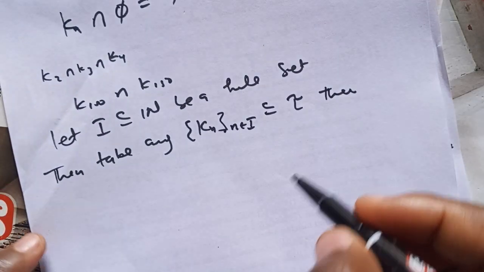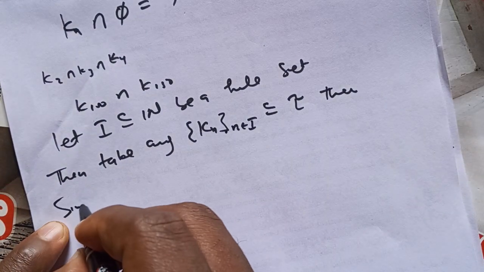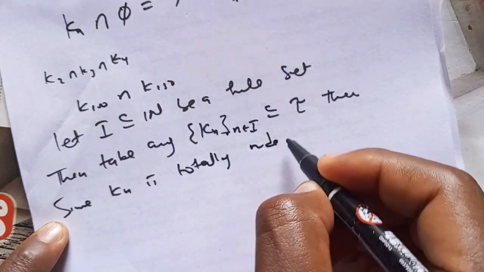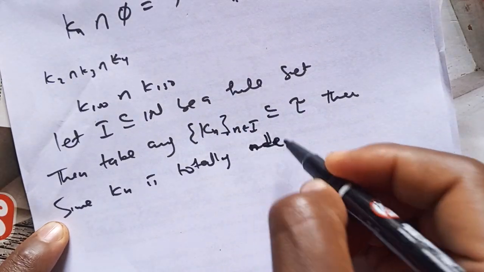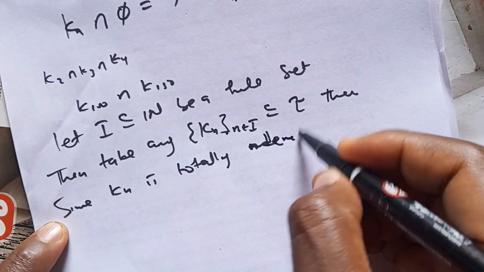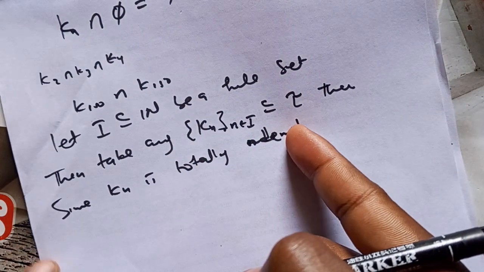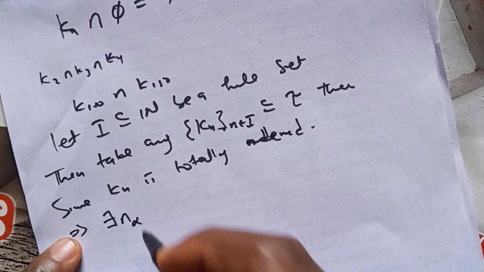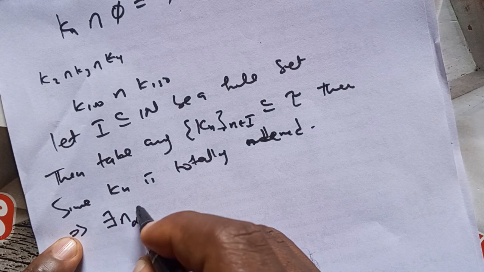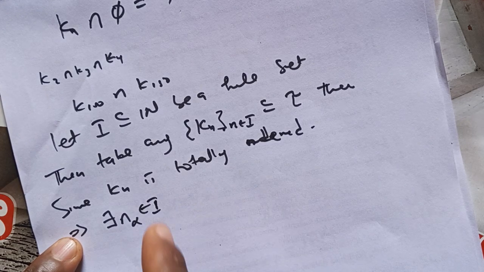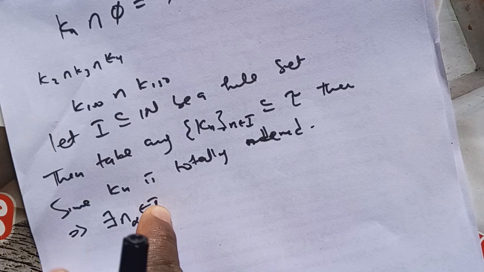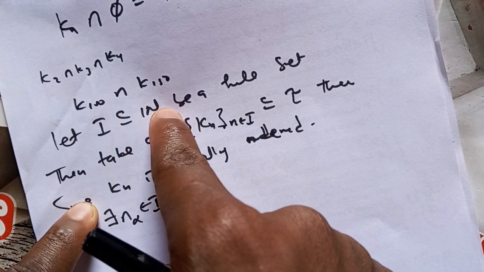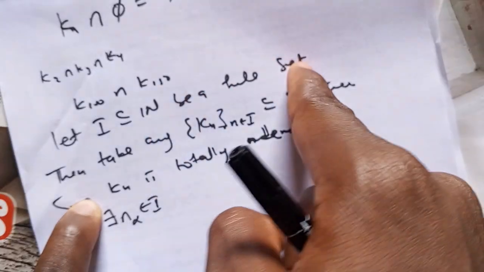Then, since Kn is totally ordered, please forgive my handwriting. Since Kn is totally ordered, this implies there exists an n alpha in I. There exists an n alpha in I. So I is a subset of N, and it is a finite set.